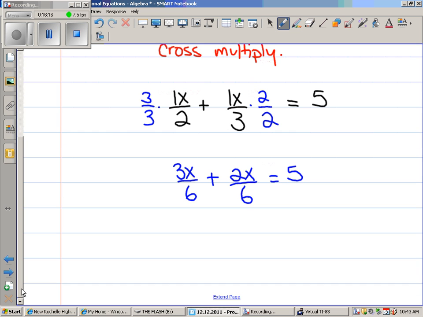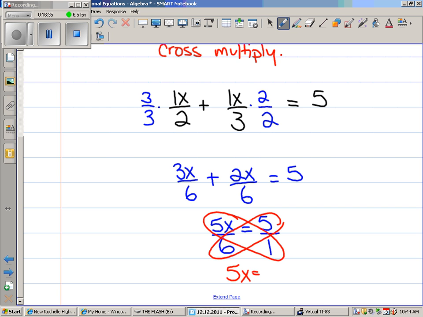The first thing we're going to do is just combine these. Now we have 5x over 6 equals 5. 5 is the same thing as 5 over 1. Then we're going to cross multiply. You get that 5x is going to be equal to 30.